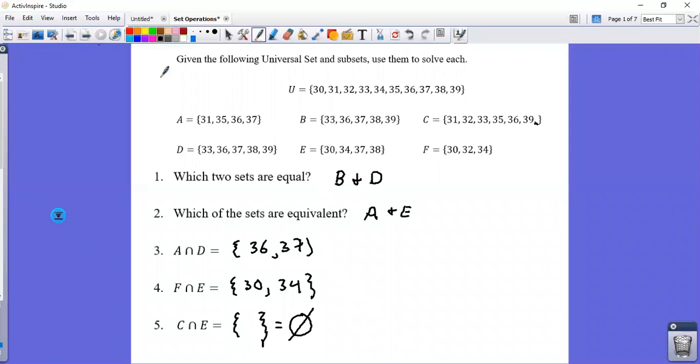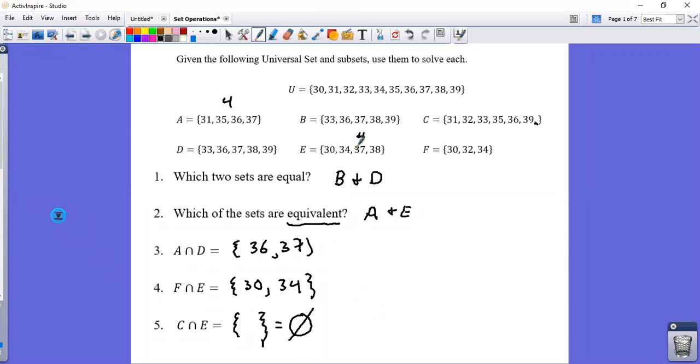Mr. Rakowitz, yes. Did I miss that one? Can you explain number 2? Yeah, equivalent. All equivalent means is that the two sets have the same number of elements. There are 1, 2, 3, 4 elements, and B has 4 elements. So that's all it takes to be equivalent. Equal, they have to be exactly the same.